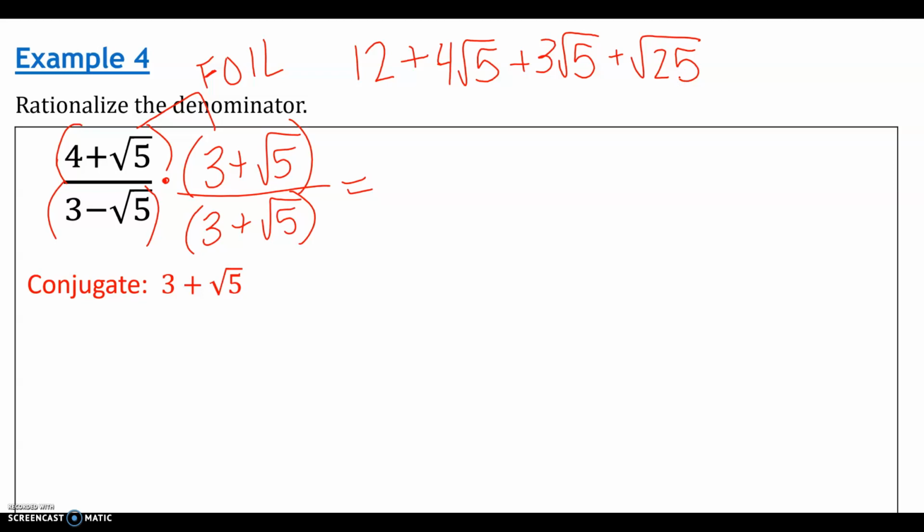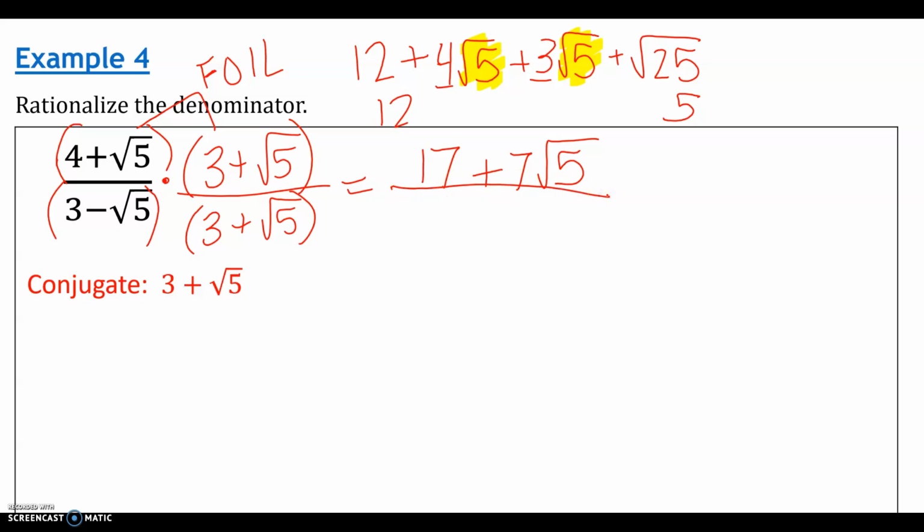So this is going to be a 5, and you have your 12. So it looks like you're going to have, what, 17 plus, and if you remember, these radicals have the same radicands. That was from a different lesson. So you're going to do 4 and 3, which makes 7 radical 5. The order does not matter at all. So that's the numerator, okay?